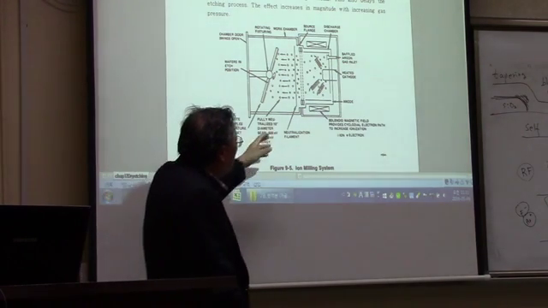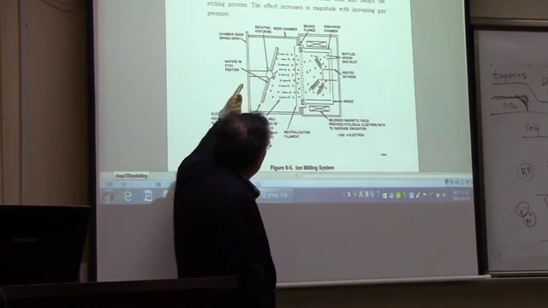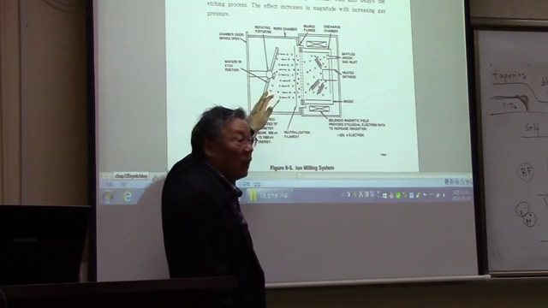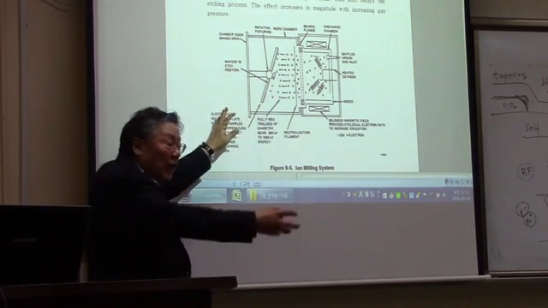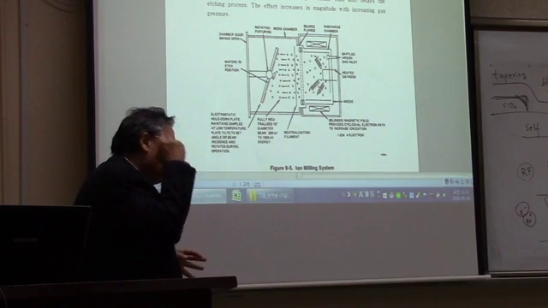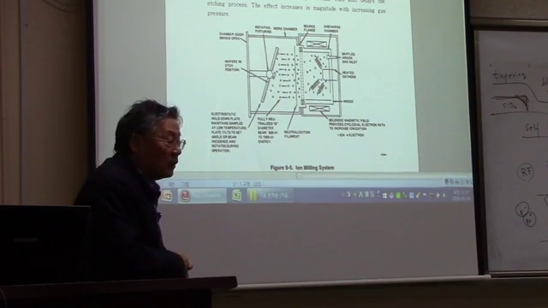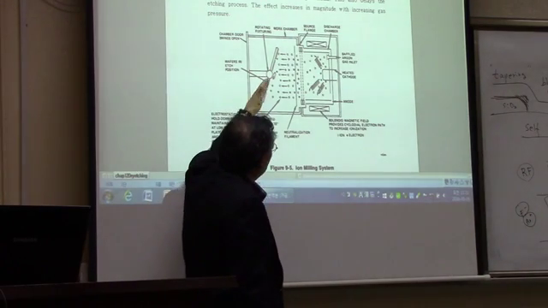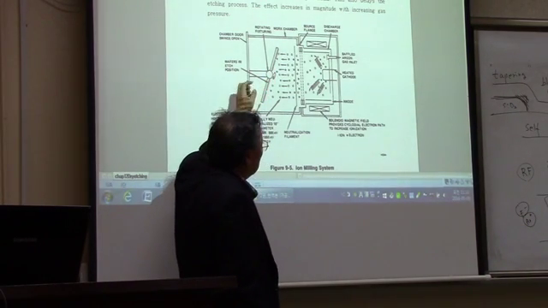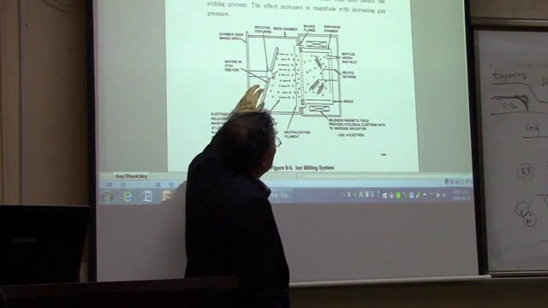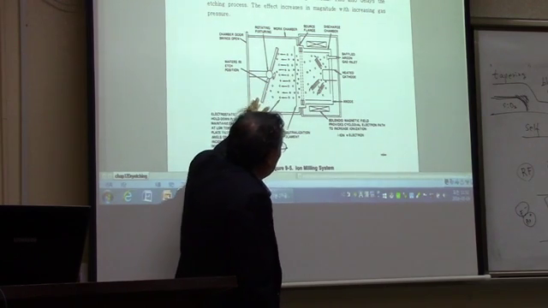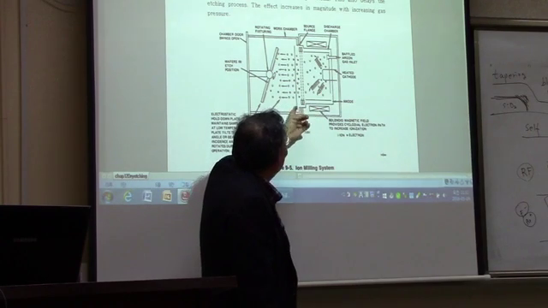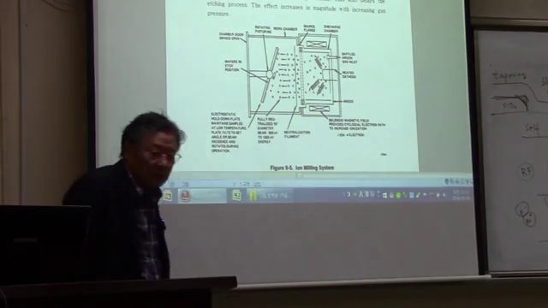Because if you don't do this, then your substrate may have radiation damage, because the ionized atoms are going to hit your surface, the target substrate, and then you are going to have radiation damage. So in order to reduce the radiation damage, you have to neutralize the ions before they hit the target.